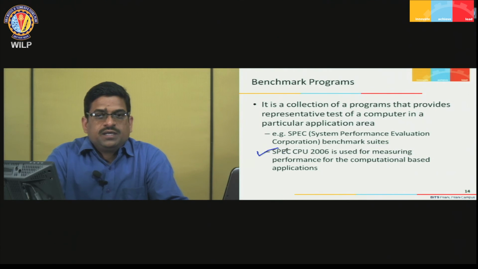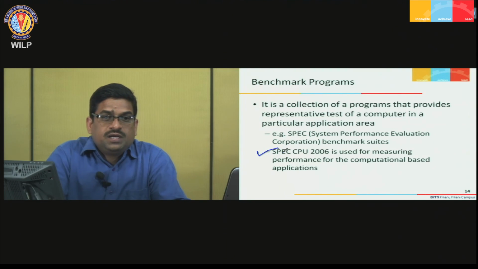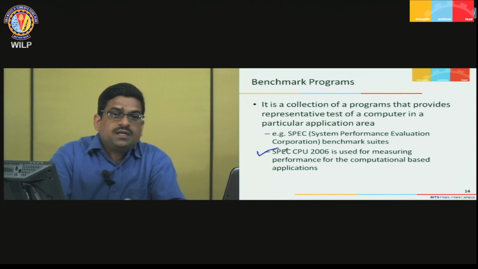Similarly, a different benchmark program is there for applications which are highly IO intensive or require more memory access or IO access. For testing and comparing processors for highly IO related applications, we need to use that benchmark program.